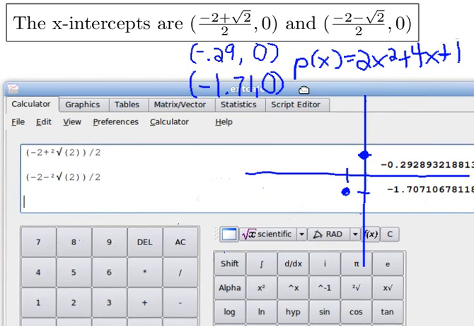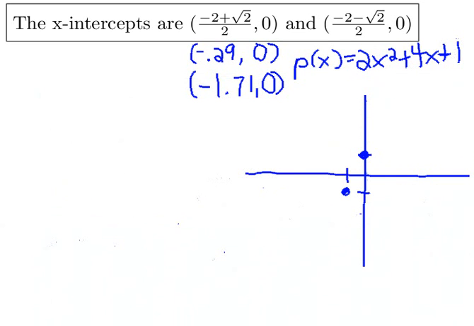Okay, now let's get that calculator out of the way. So these are our two x-intercepts. Now that they're in decimal form, we can more easily see where they go. Negative 0.29 is going to be a little less than a third of the way through.